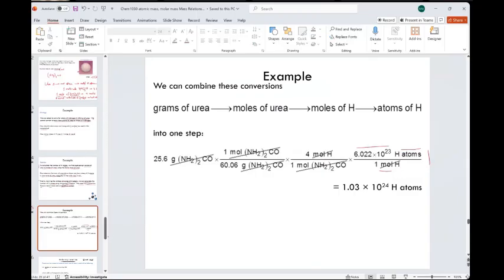So this is your thought process: grams of urea to moles of urea, and here is the molar mass. Moles of urea to moles of hydrogen, here is your proportion 4:1. Moles of hydrogen to atoms of hydrogen, here is your Avogadro number.